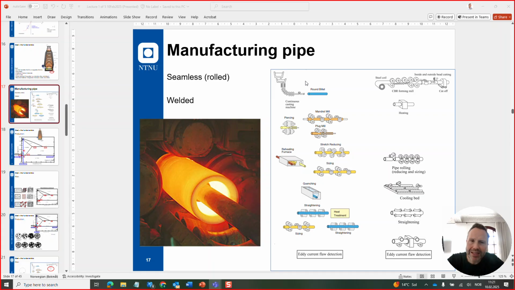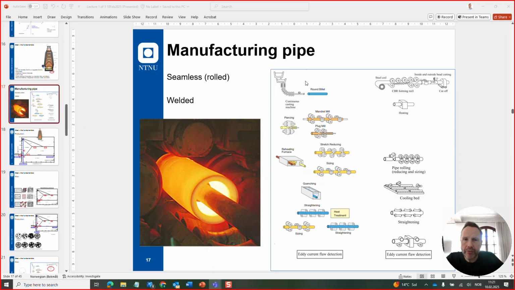In the center is like a spear, and that's what we see in the left-hand picture. It's where the billet is being pierced. It is being pierced and made hollow, and at the same time controlling the outer diameter of it, so that it takes the shape of a piece of pipe.